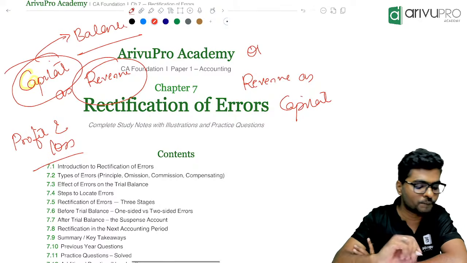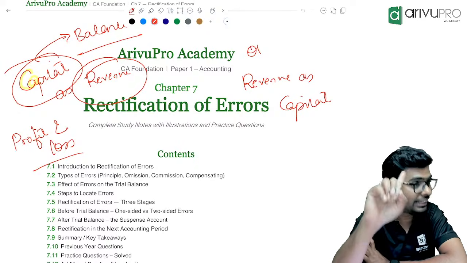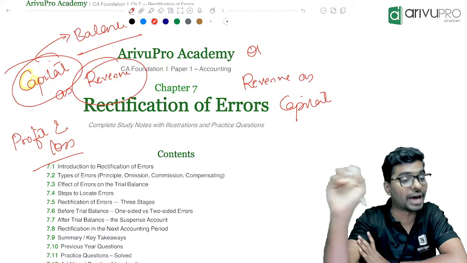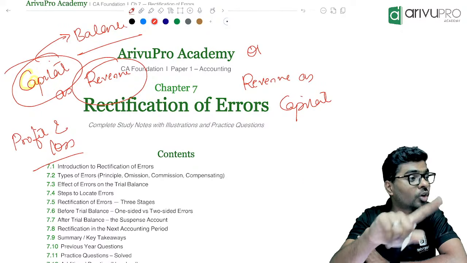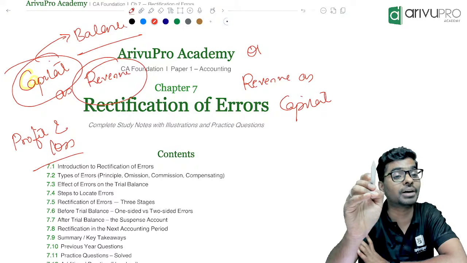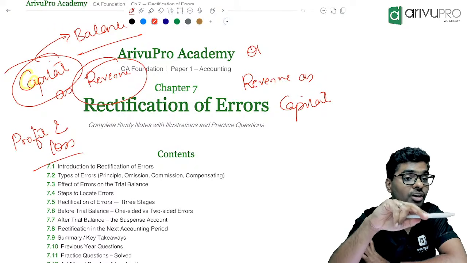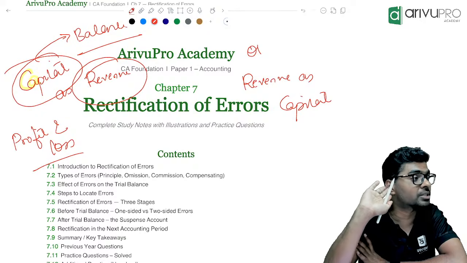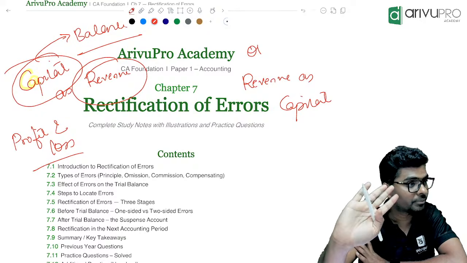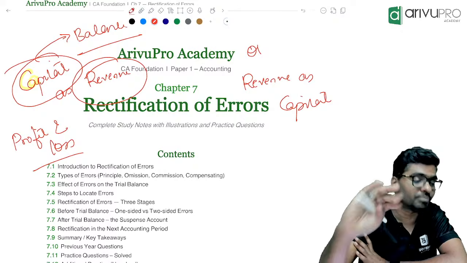In the balance sheet. So if an item which was supposed to appear in the balance sheet comes in the profit and loss account, or an item which is supposed to come in the profit and loss account comes in the balance sheet, we call it error of principle. Understood?